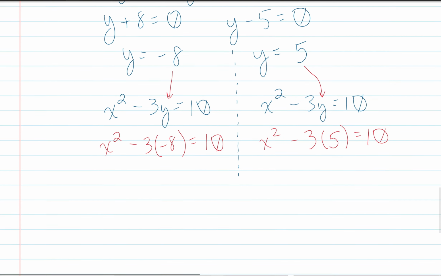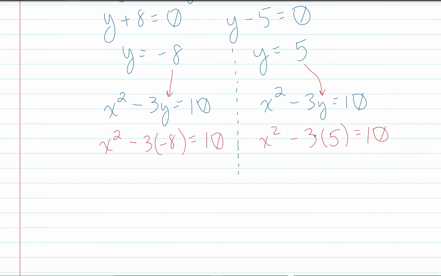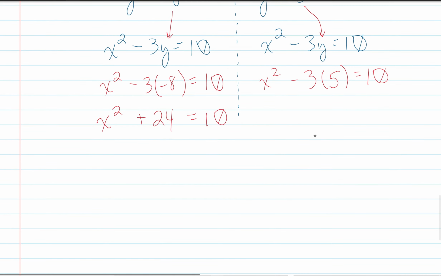Alright, so let's keep on going with this, and we get x squared plus 24 equals 10. We need to get the x squared by itself, so we'll subtract 24 from both sides of the equation. So x squared will equal negative 14.